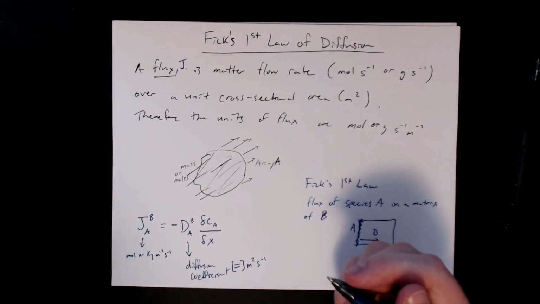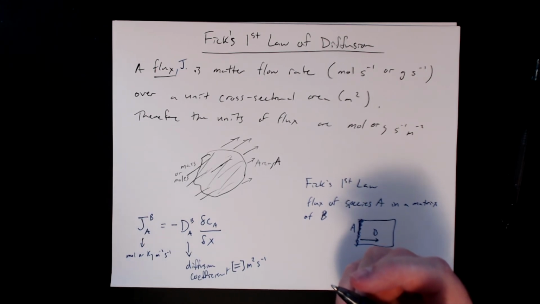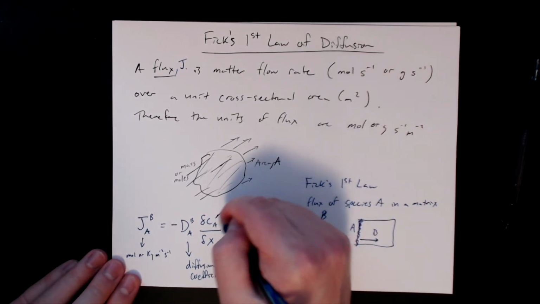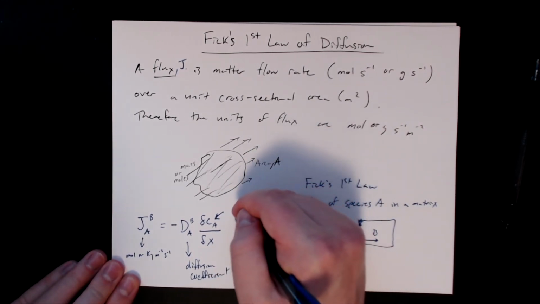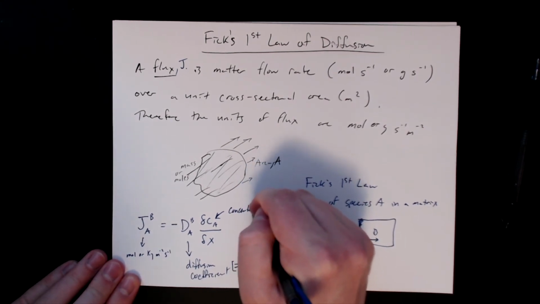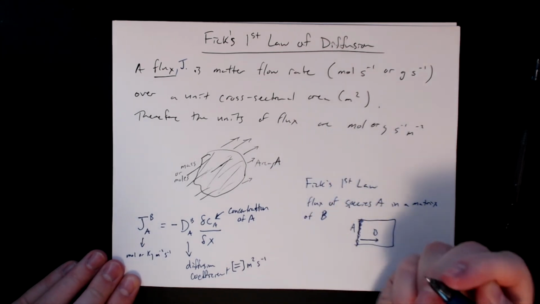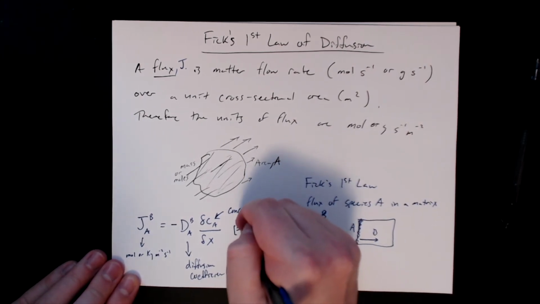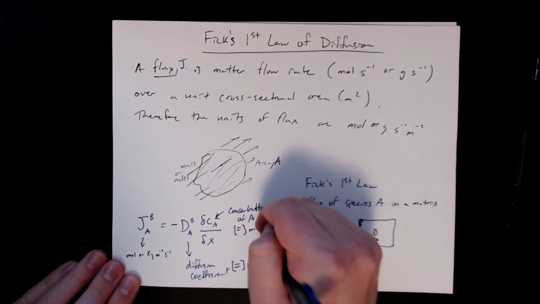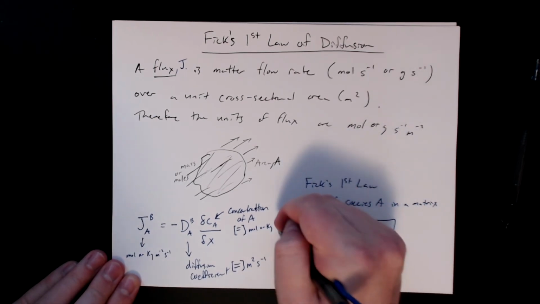So that's kind of an unusual unit, but that's what we have. This C here is concentration of A, and that has units of moles or mass per volume, meter cubed.